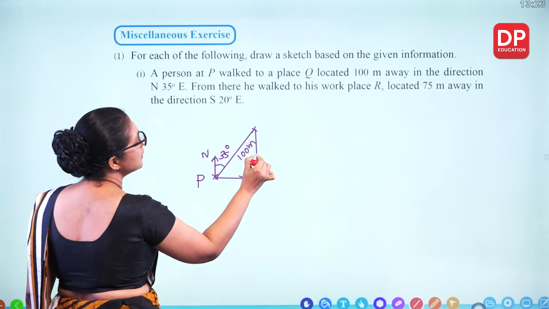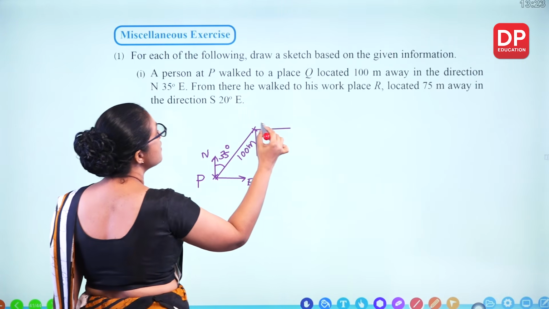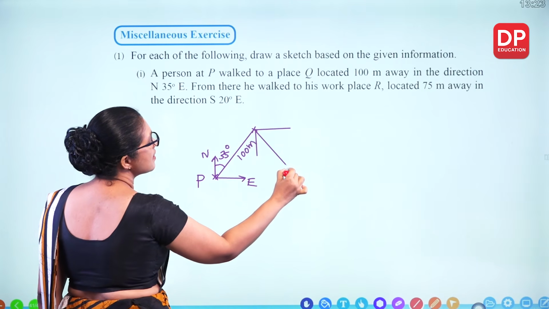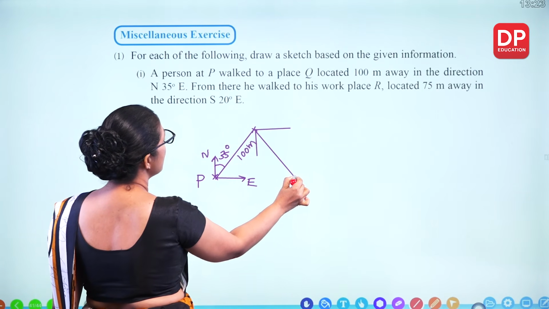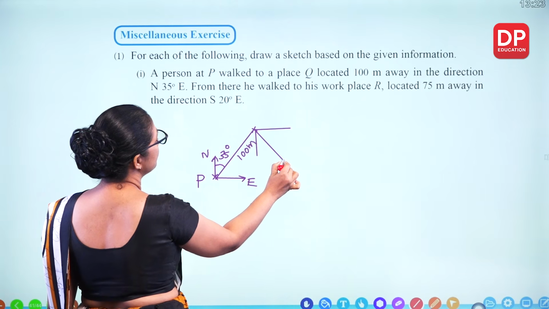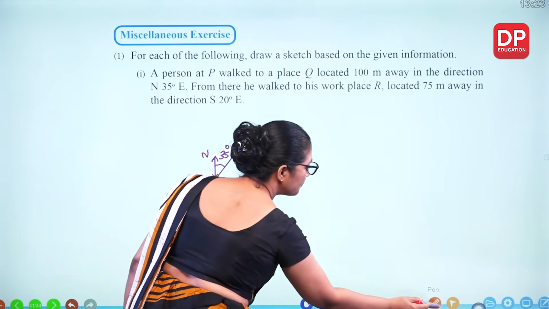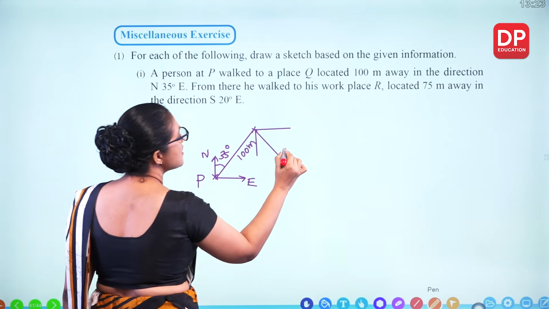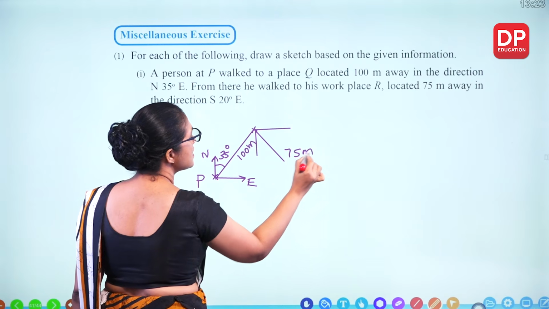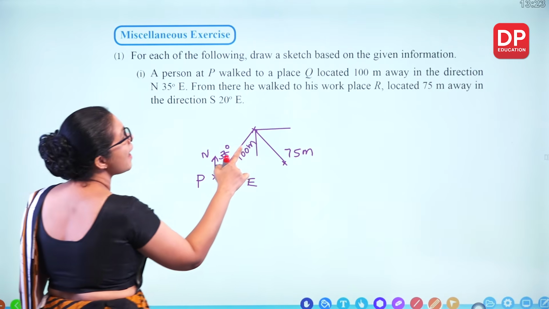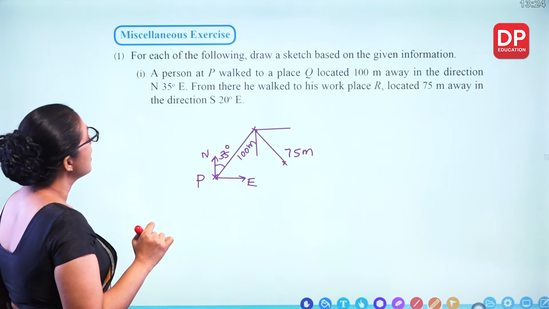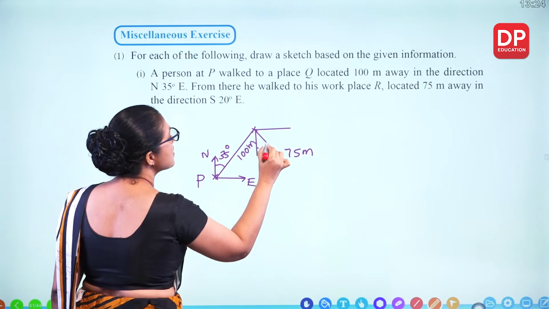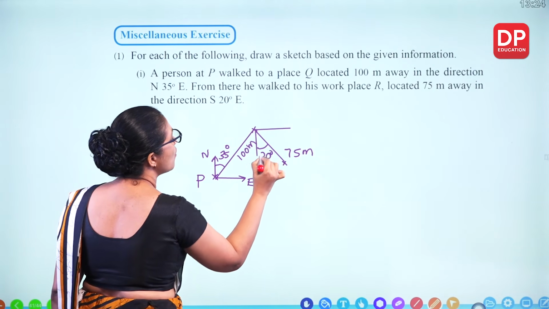South, east 20 degrees means this way. How many meters? 75. So less than that. So this is 75 meters and the angle is 20 degrees from south.